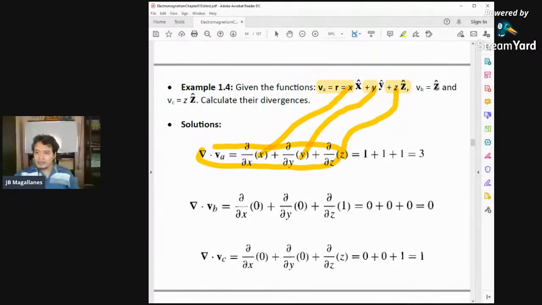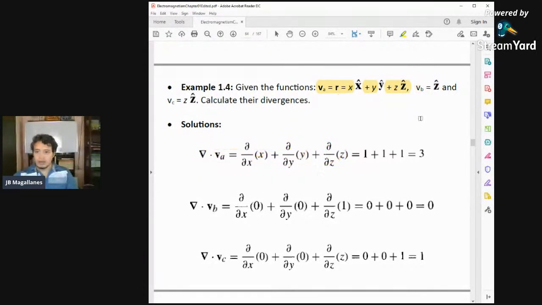For b, this vector VB, supposed to be in boldface, you have z. So the divergence of VB has 0 component for x, 0 component for y, but it has 1 as a component for z. So what's the derivative of 1 with respect to z? That's also equal to 0.